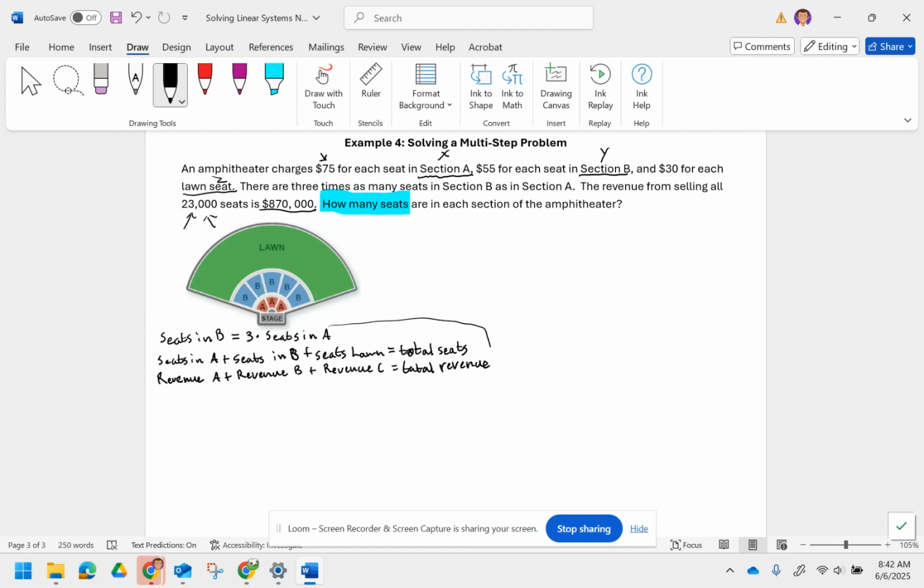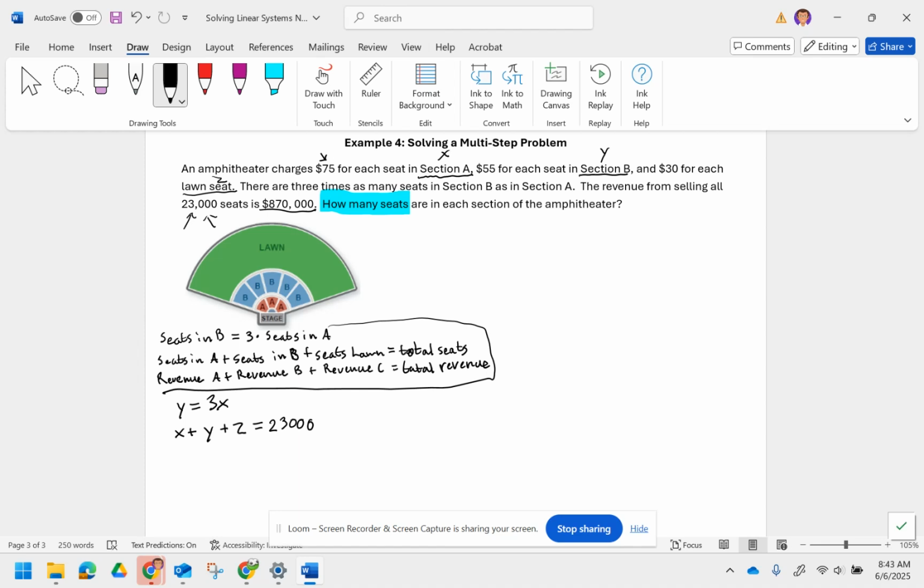All right. Now that we've got those written out in words, let's write them as equations. We decided seats in B was going to be y, so this is going to be y equals 3 times the seats in A, or in other words, 3x. Our next equation: seats in A plus seats in B plus seats on the lawn is equal to the total number of seats, which was 23,000.